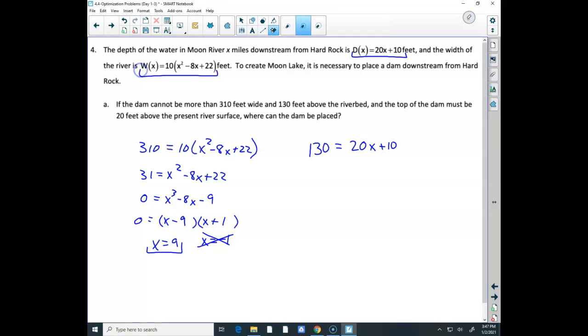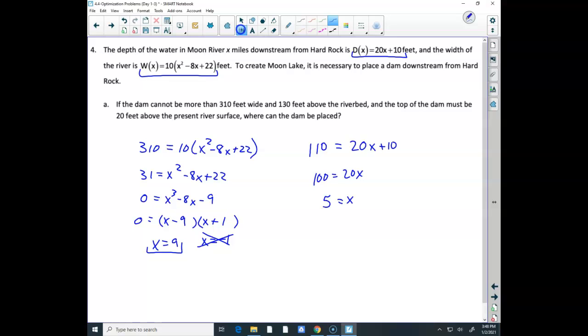So to find this constraint I'm not going to set it equal to 130. I'm going to knock 20 feet off to find the depth of the river, so I'm going to call that 110. I'm actually looking, when is the river 110 feet deep? Because that extra 20 feet is going to be above the river. So then I get 100 equals 20x, so x equals 5.